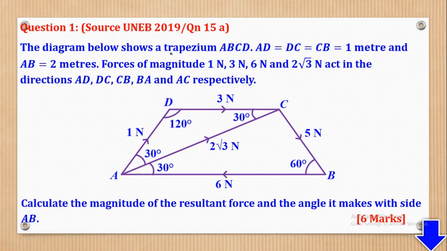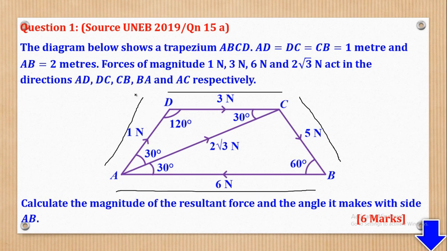the diagram below shows a trapezium ABCD where AD is equal to DC and is equal to CB, and that is equal to 1 meter. AB is equal to 2 meters.